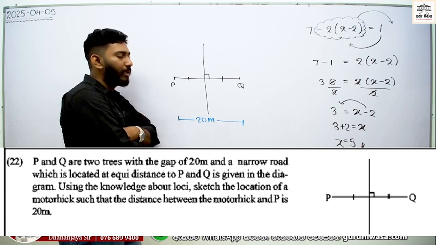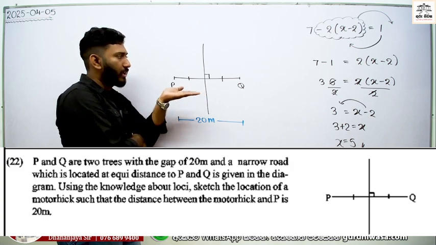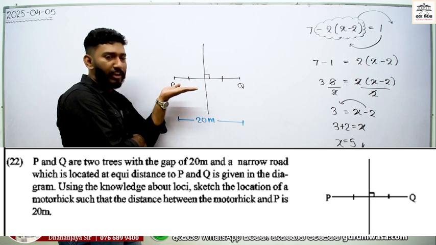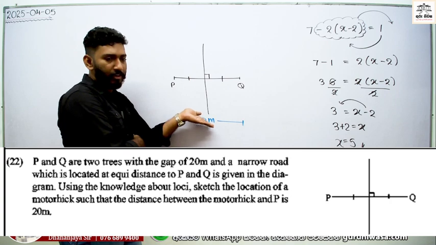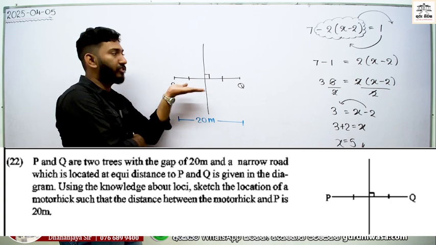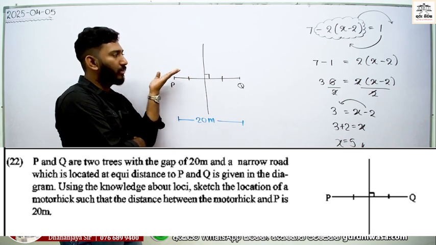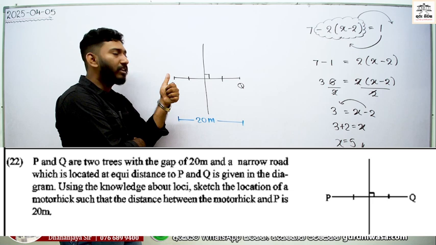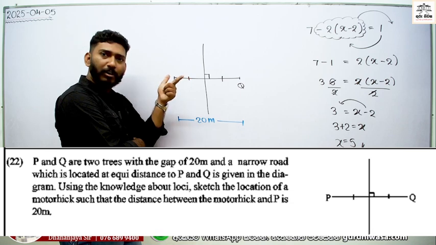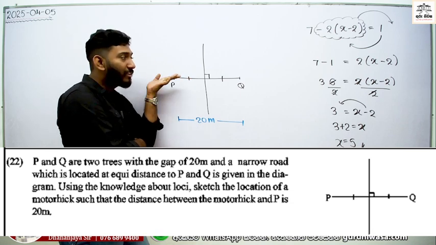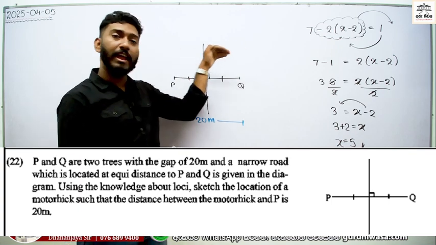Right? Now let's take P to the road as 20 meters. Then it must be equidistant, right? 20 meters. Equidistant to a point is a circle, to 2 points a perpendicular bisector, to a straight line it becomes a parallel line.